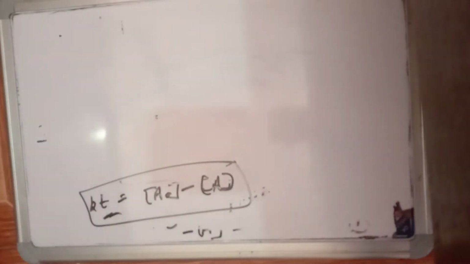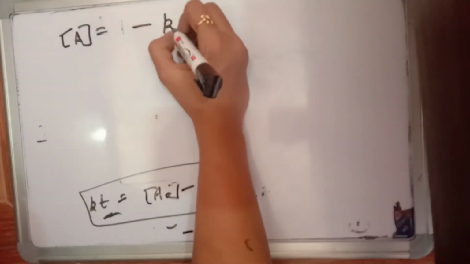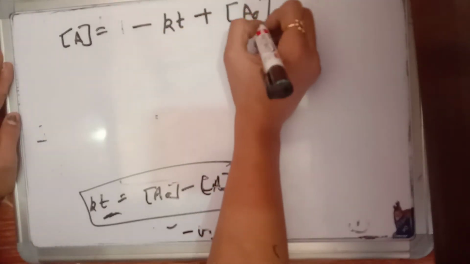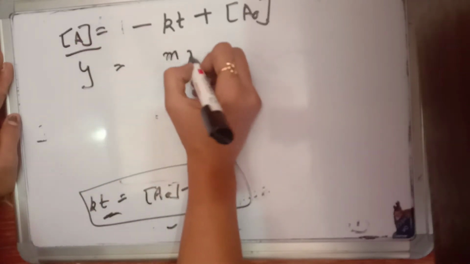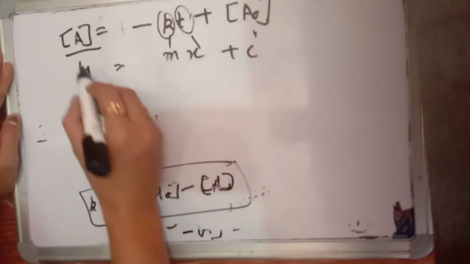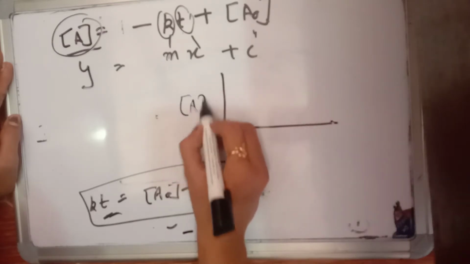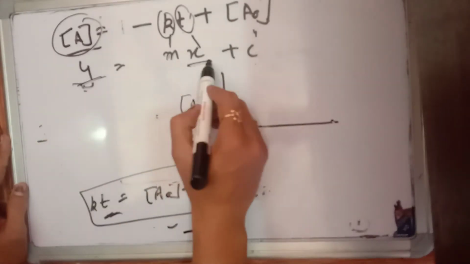So now coming to the characteristics of zero order reaction. From this equation, we can write A is equal to minus kt plus A naught. If we compare it with the straight line equation, y equal to mx plus c, and plot y versus x, we get a straight line.